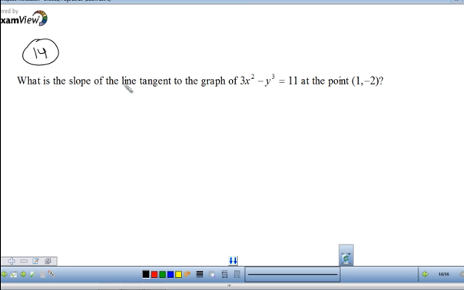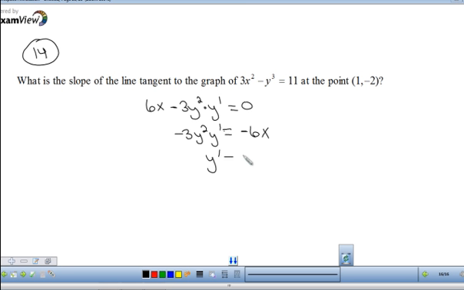What is the slope of the line tangent to the graph at the point? So again, you're going to have to use implicit differentiation. So we're going to have 6x minus 3y squared times y prime is equal to 0. So negative 3y squared y prime is equal to negative 6x.